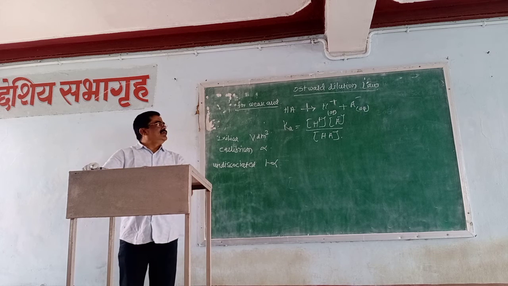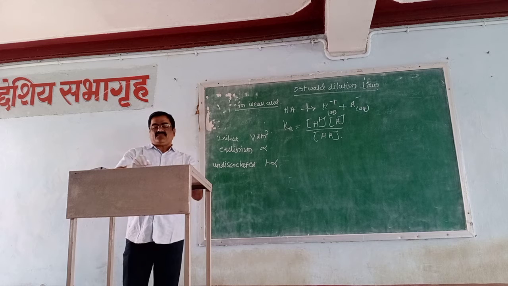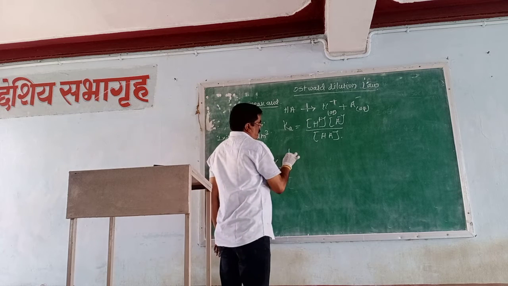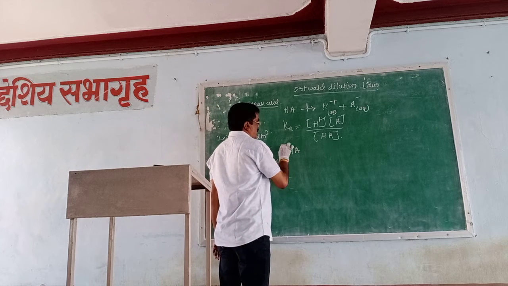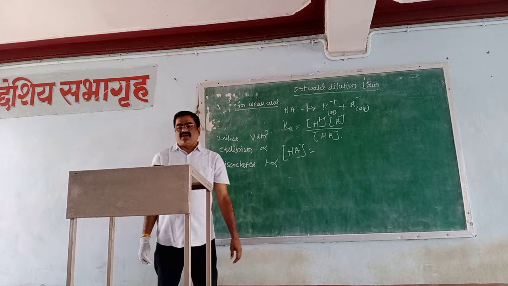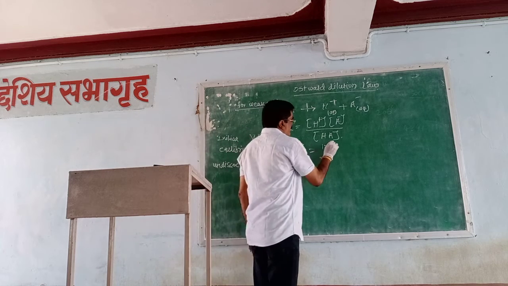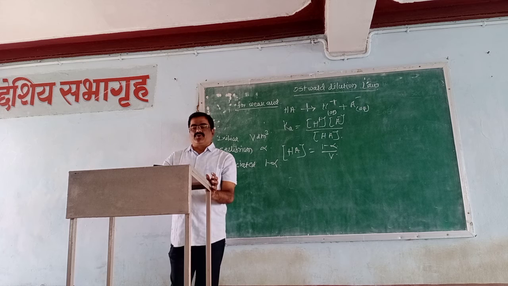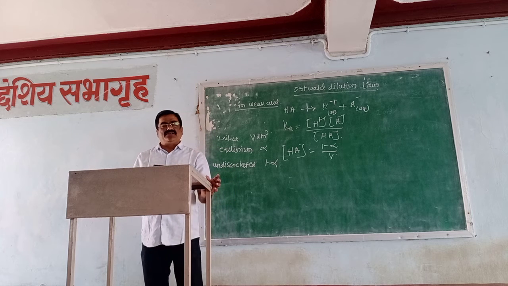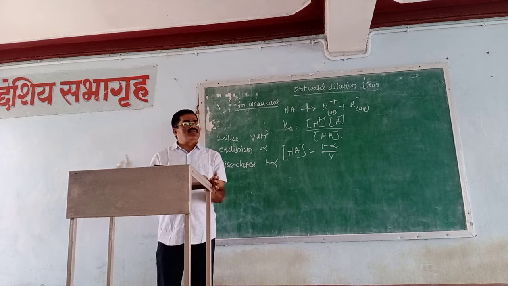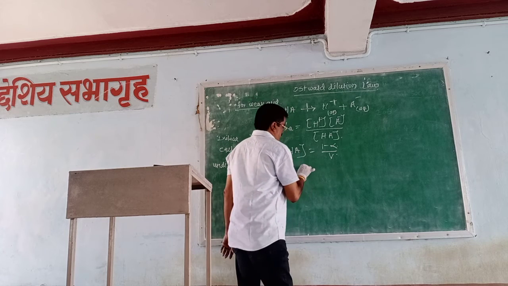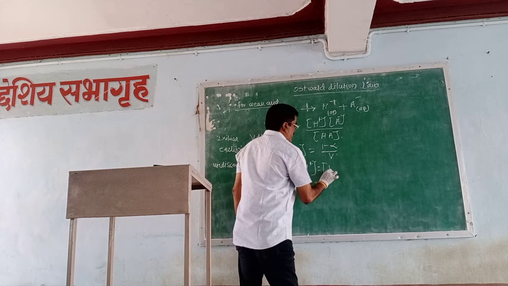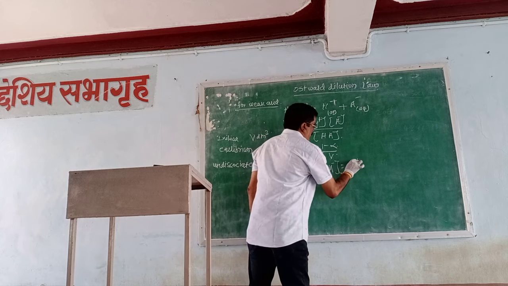Then at the equilibrium position, HA is equal to 1 minus alpha by V mole per dm3, and H plus is equal to A minus is equal to alpha by V.